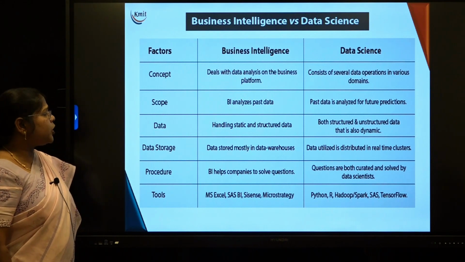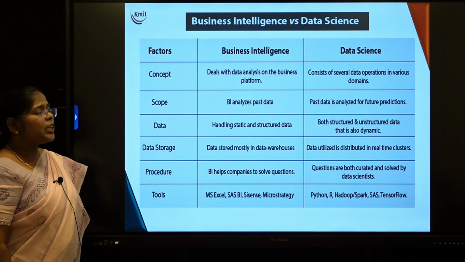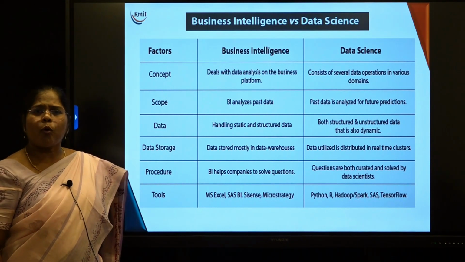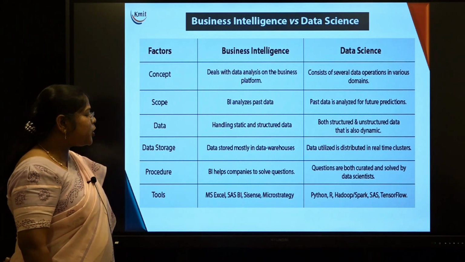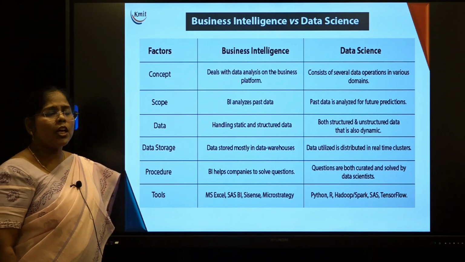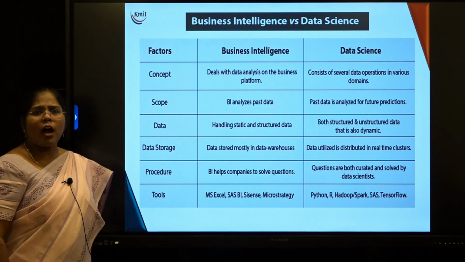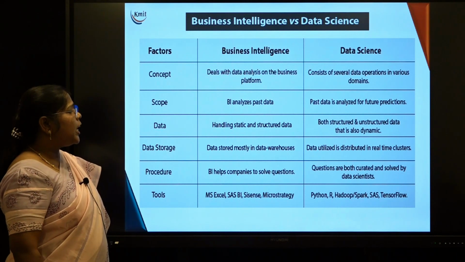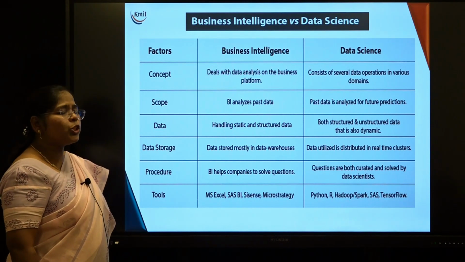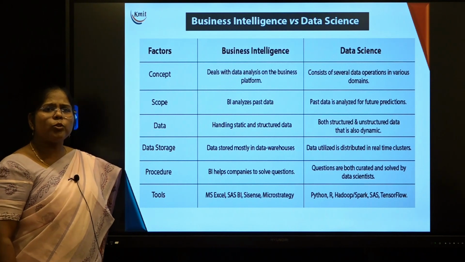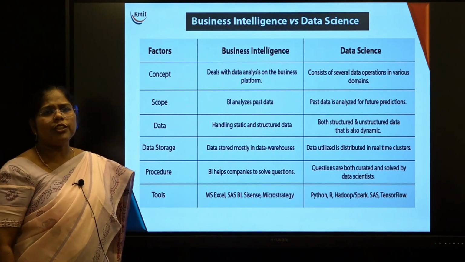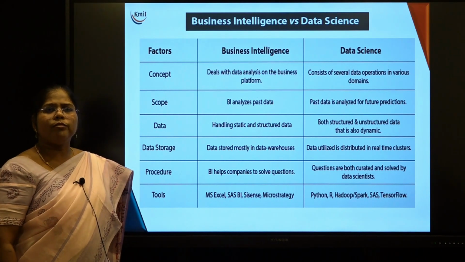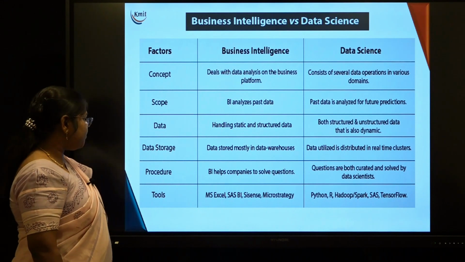Business intelligence thinks about giving a solution for a company's problems, or solves simple questions like how we can do our company better. Whereas data science raises questions, solves the questions, and predicts the solution and gives the recommendation output that they can do in future.